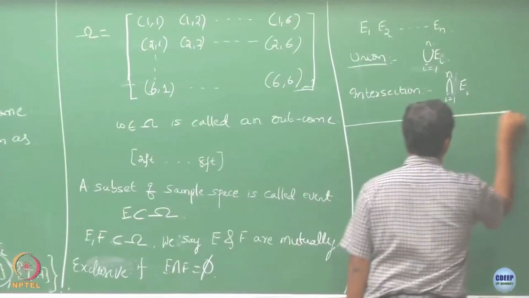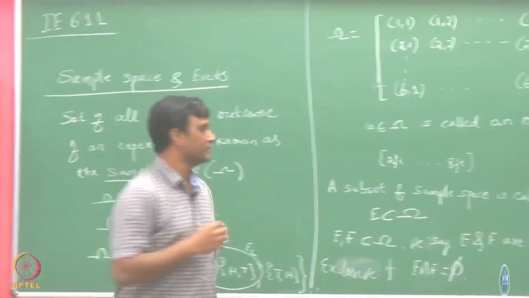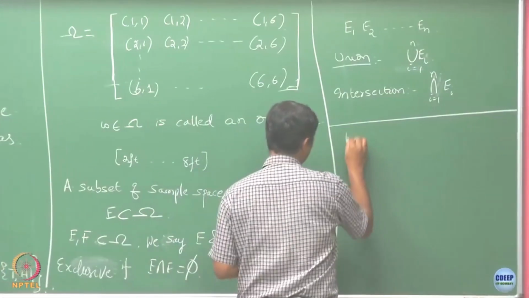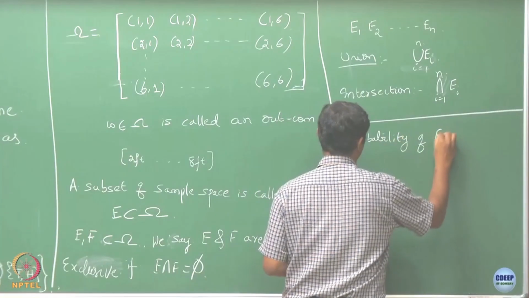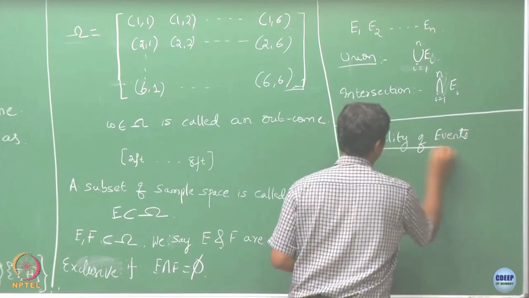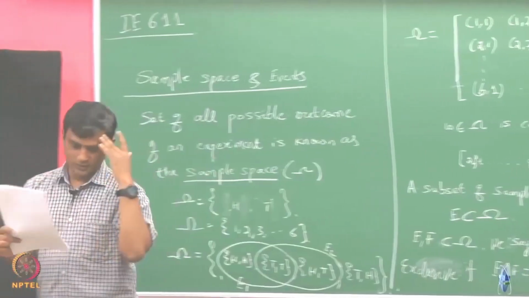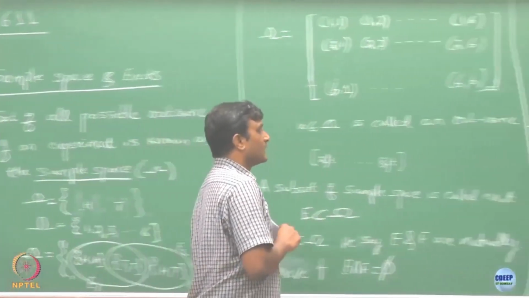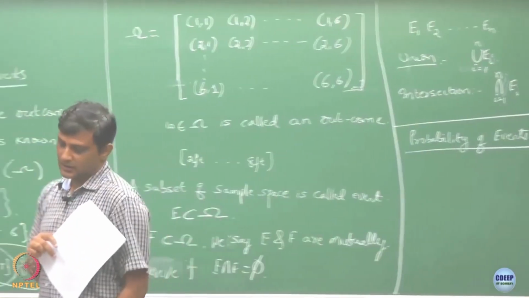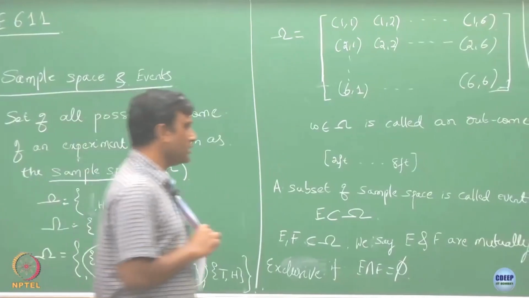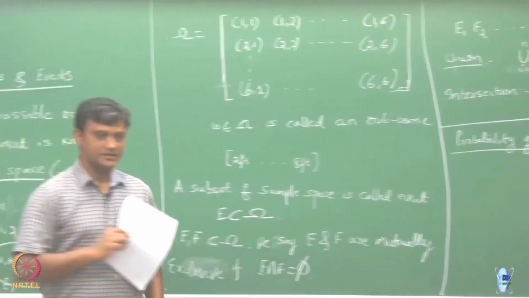Now we will get to the notion of probability, and probability of events. We will make the notion of probability more precise, but let's try to write down informally what we mean by probability of events.